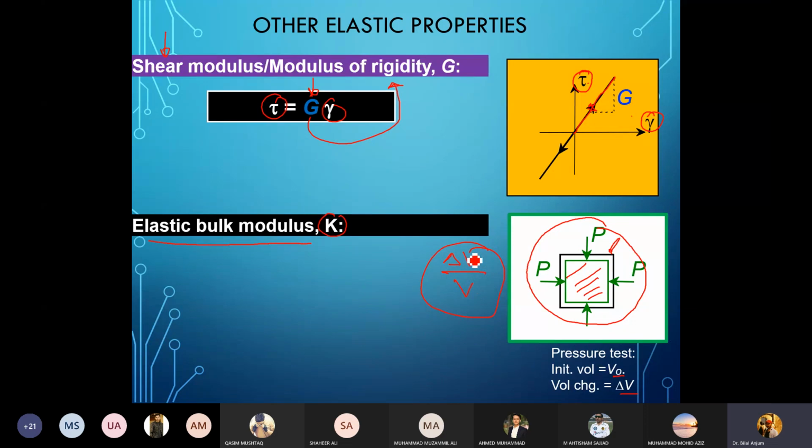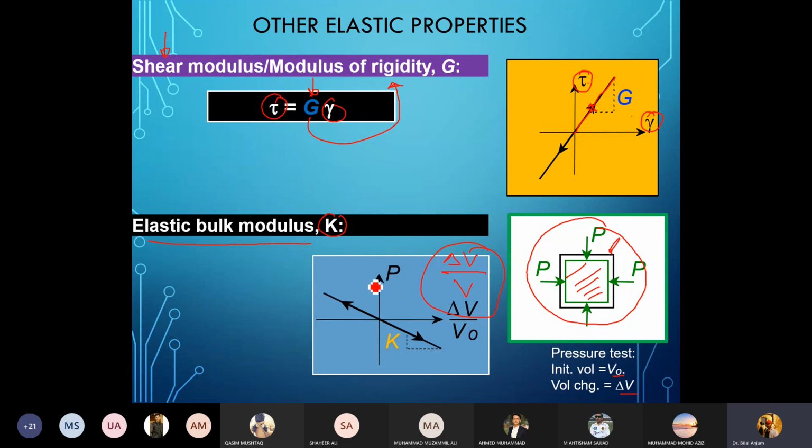So it is basically the deformation in volume that is represented in the bulk modulus. You have force in the form of pressure and strain in the form of volumetric strain. Stress is represented by the pressure, strain is represented by the volumetric change, and K is the proportionality constant, which is the elastic bulk modulus in this case.